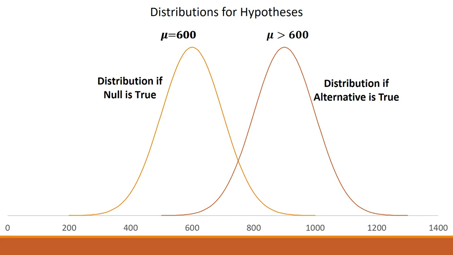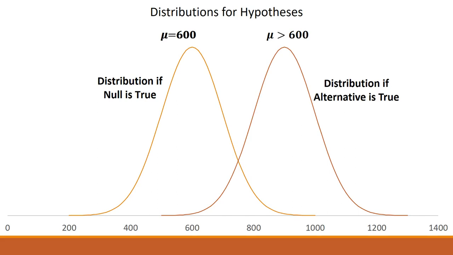But let's pause for a second. If the true sampling distribution of the mean is 600, how likely is it that you could just by chance observe 650? There is some chance that when you go and collect data, you'll observe 650. That doesn't mean that fertilizer had an effect.